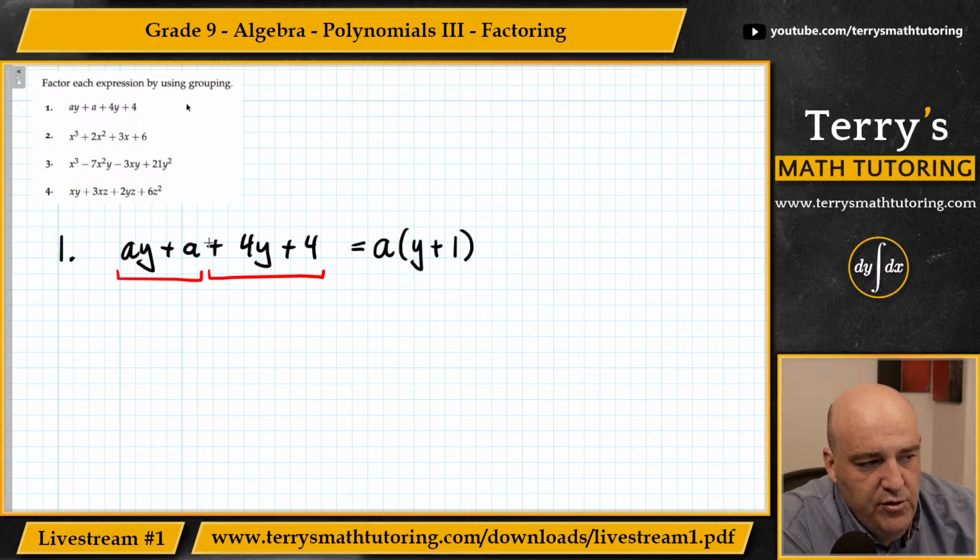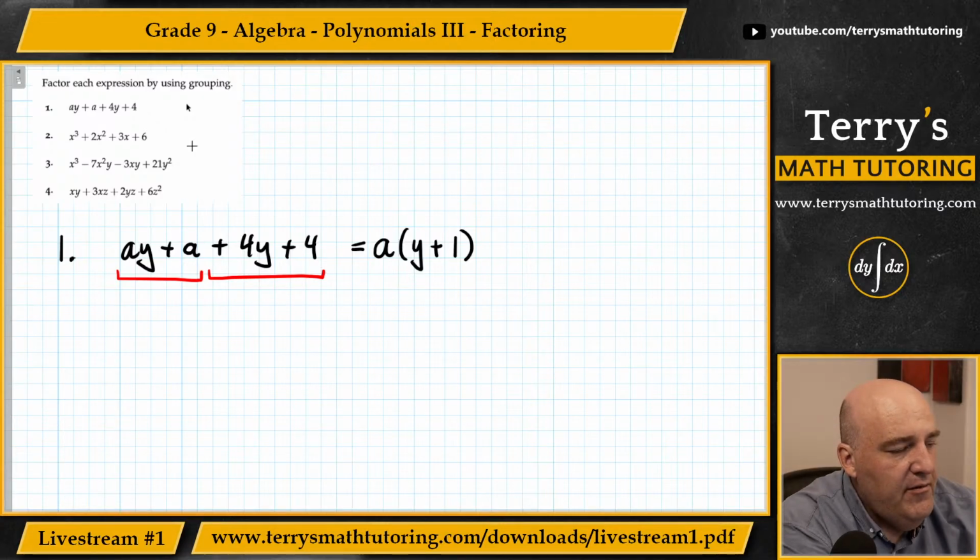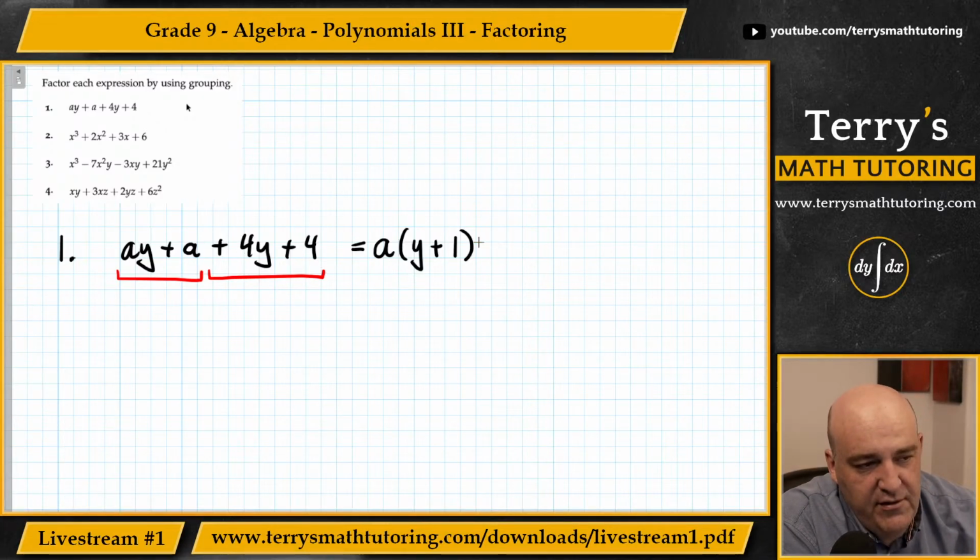And one thing about grouping, whatever sign is here, that sign is going to be here as well. So if there's a plus sign here, there's going to be a plus sign there. If there's a minus sign there, there's going to be a minus sign there. Just focusing on these 2, what's common there is a 4. So let's pull out the 4, and then we get y plus 1.